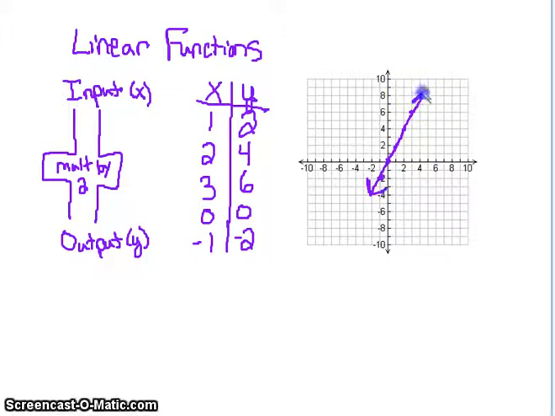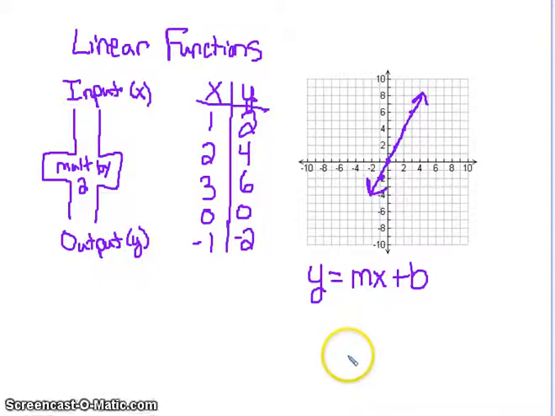And all of you should remember that linear functions are in the form of y equals mx plus b. When we have something in the form of y equals mx plus b, where m and b are two constants, or two integers, or even two rational numbers, because we could have a fraction or a decimal as our slope or as our y-intercept, then we have a linear function.